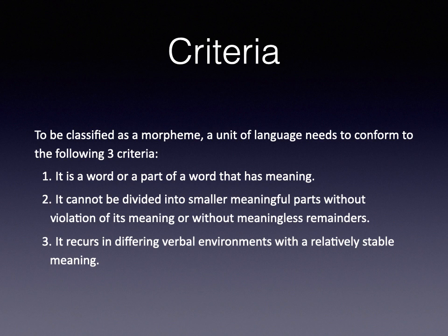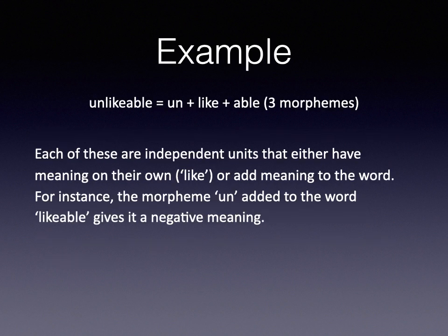Now let us look at some examples. First one, this is very simple. We have a larger word, unlikable, that can be divided into three morphemes: un plus like plus able. Each of these, un, like, and able, are independent units that either have meaning on their own or add meaning to the word. So, like is a word by itself, it has meaning on its own.